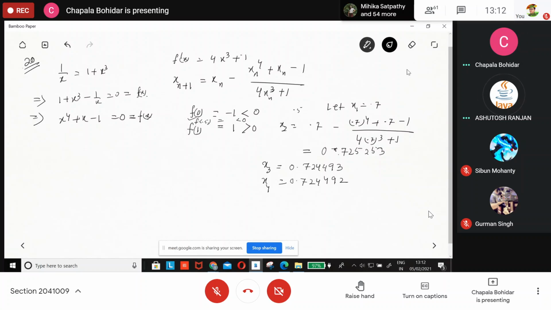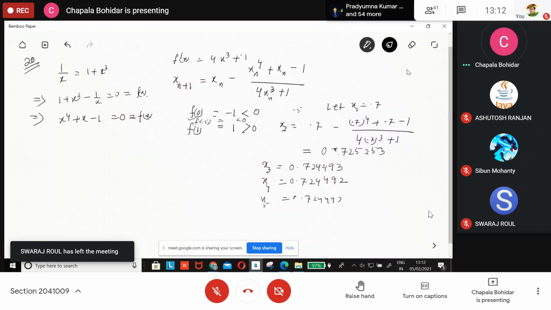Then x5. Ma'am, again same, 0.724492. So this is your answer. Two consecutive values were same.